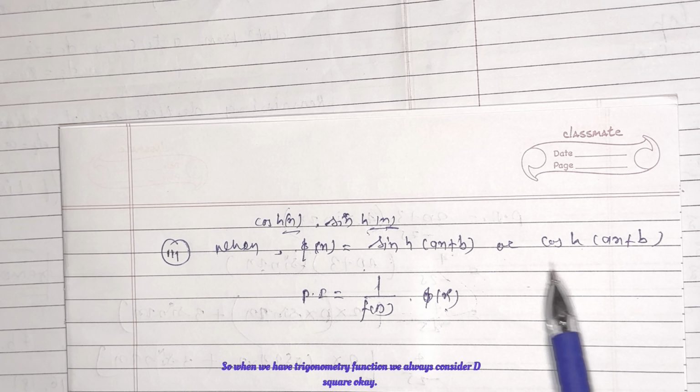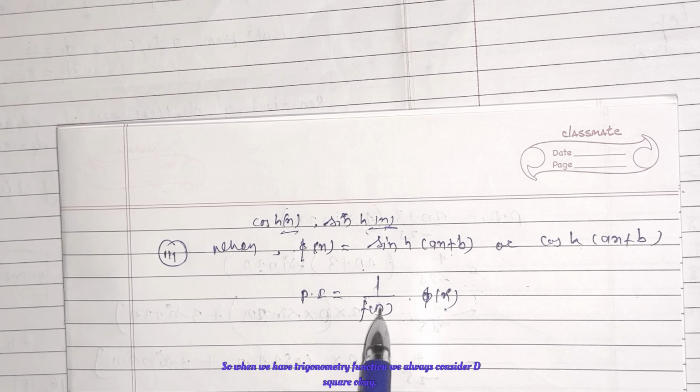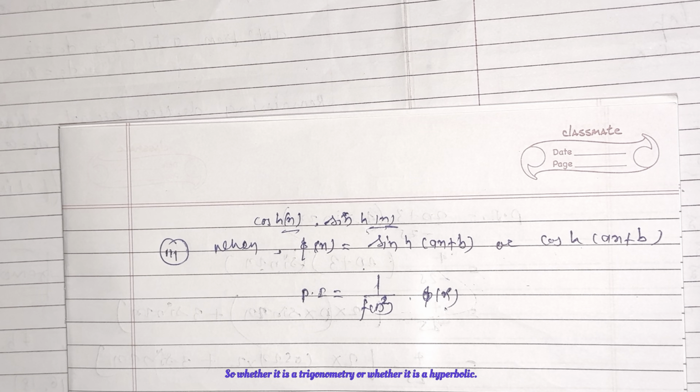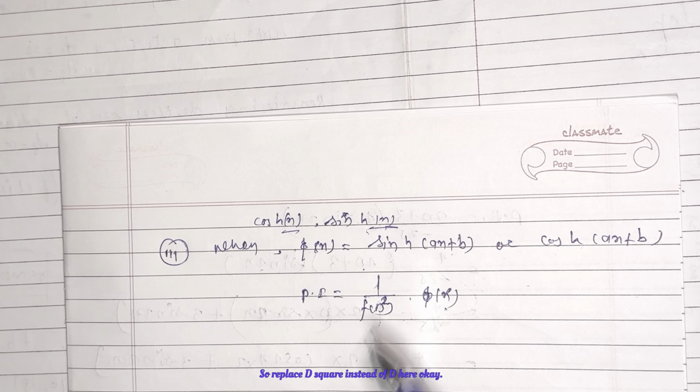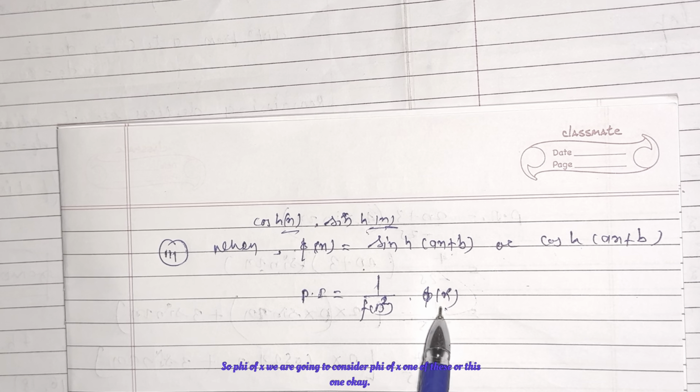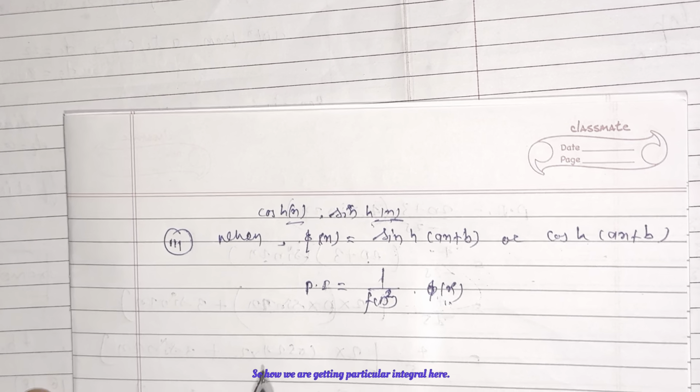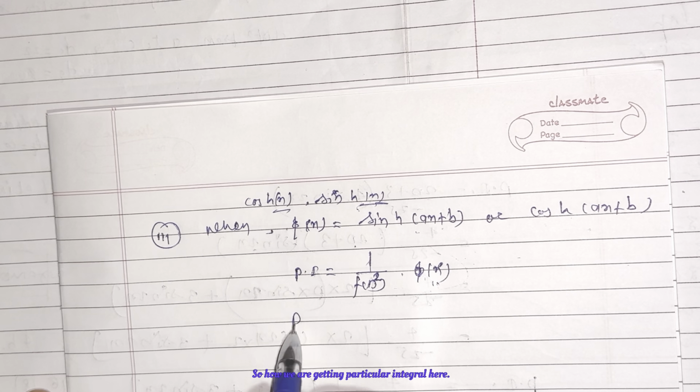When we have a trigonometric function, we always consider D square. Whether it is trigonometric or hyperbolic, replace D by D square here. For phi of x, we consider one of these. So how do we get the particular integral here?